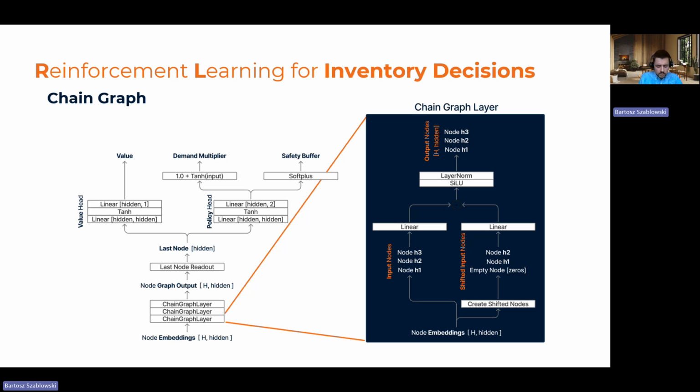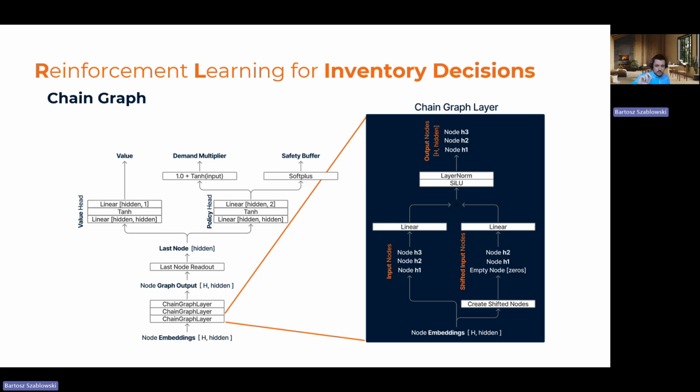Earlier, I said that the final node after the sequence of chain graph layers already has the summary, right? Based on all these nodes. Okay, and this summary is created through the chain graph layers because, okay, let's go step by step, okay?